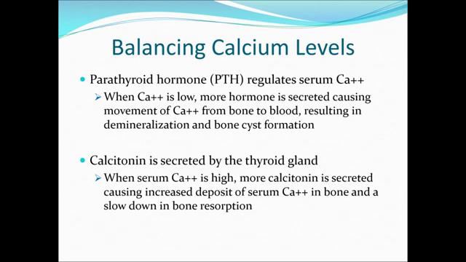These kind of work like a teeter-totter, a seesaw, if you will. If you think about these two things, the parathyroid glands are on the back of the thyroid, and calcitonin is secreted by the thyroid gland. This is why patients who have had thyroid surgery or thyroidectomies or hypothyroidism are at higher risk for osteoporosis.